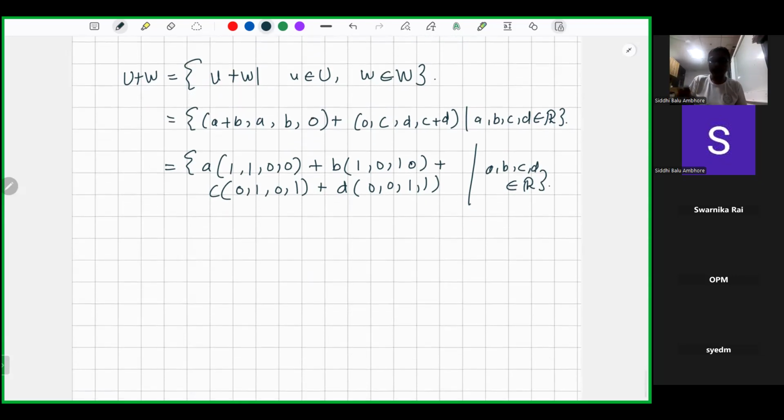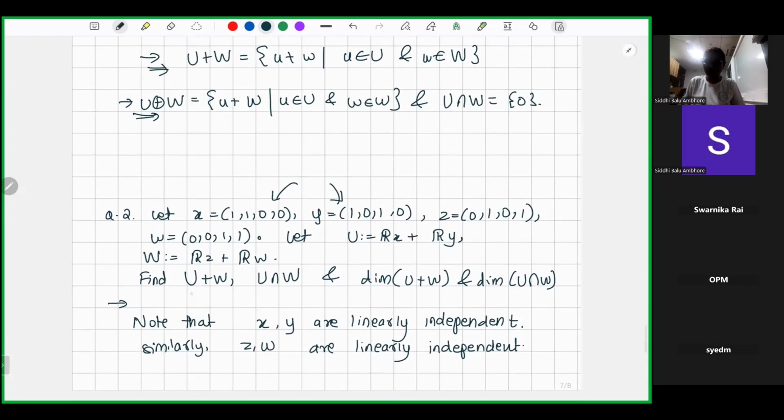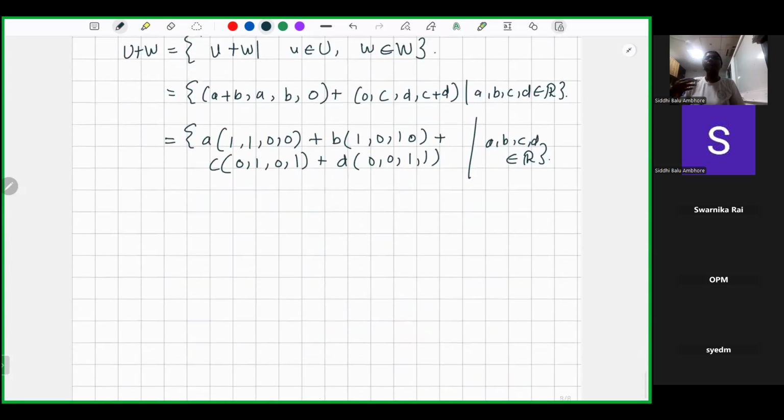We know that U plus W is generated by these four vectors. When we are asked to find U plus W and find U intersection W, we need to give an explicit basis, at least one basis, for these vector spaces.